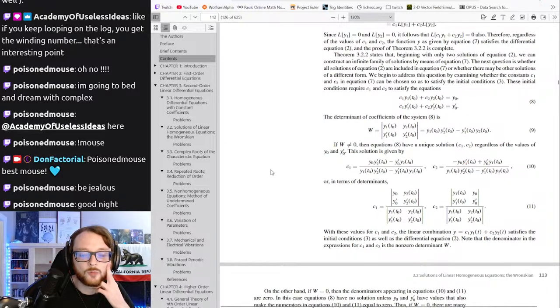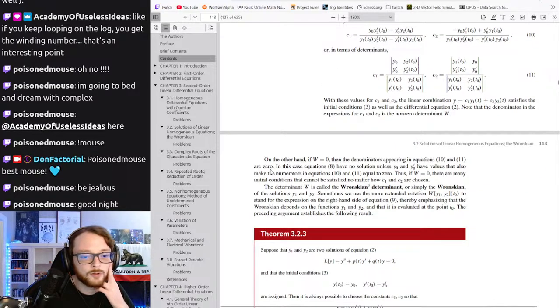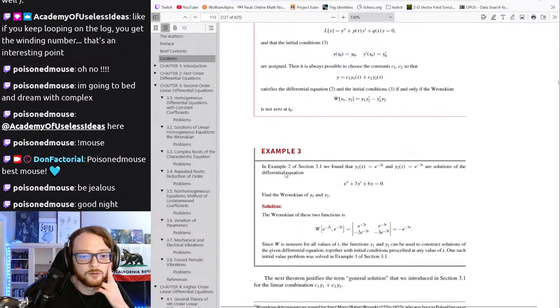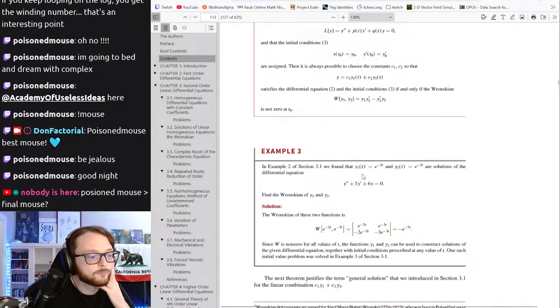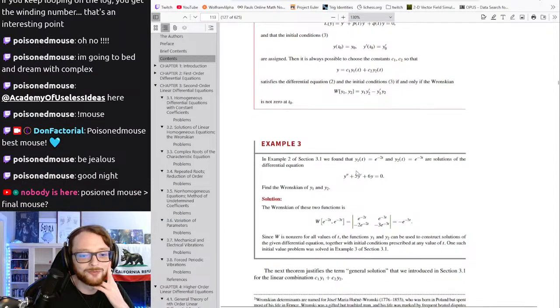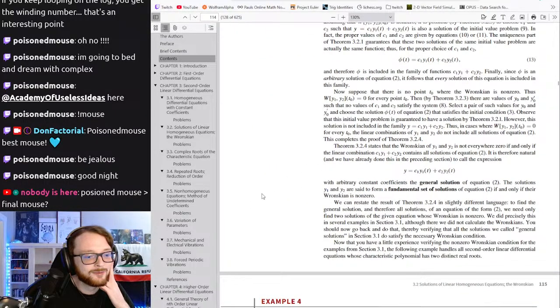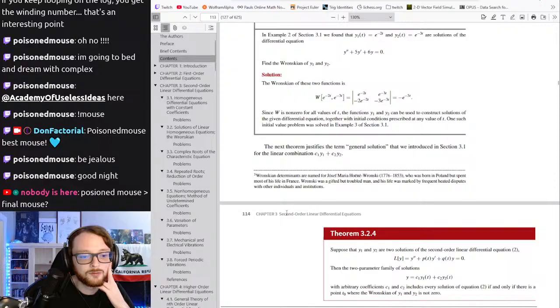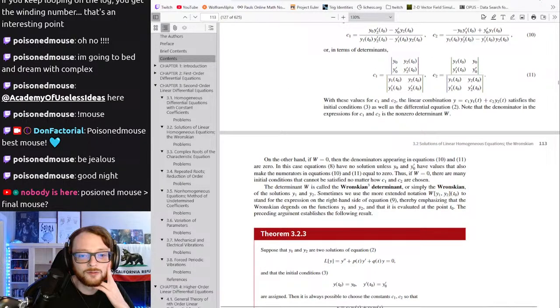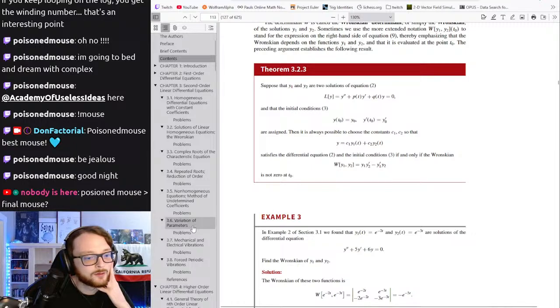Oh, that's for variation of parameters, right? That's what they're doing here. Wait, what section am I in? Variation of parameters is down here.